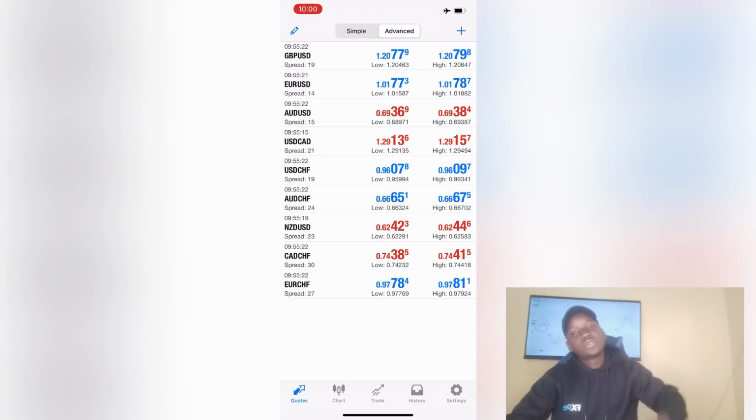So the stock indices are things that we use daily, and you'll see that as we break them down. Group number one in the stock indices is NAS 100. Now, NAS 100 has so many names.